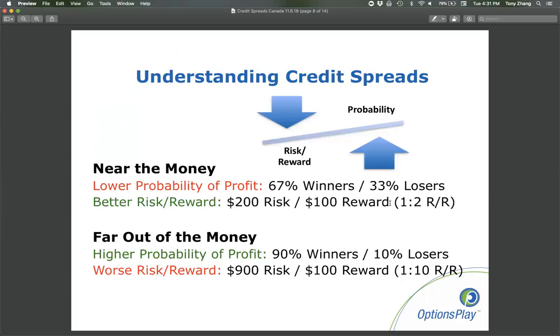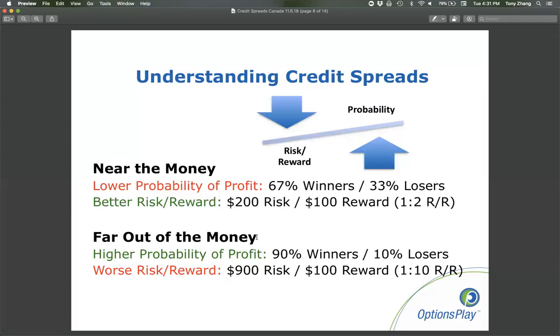So for every $100 I'm collecting in premium, I'm roughly risking about $200 to trade that. These are the types of probabilities and risk to rewards that you'll see when you're selling strikes that are close to the current price. In the example I just gave you before with stock XYZ, these are typically the risk to rewards that you'll see.